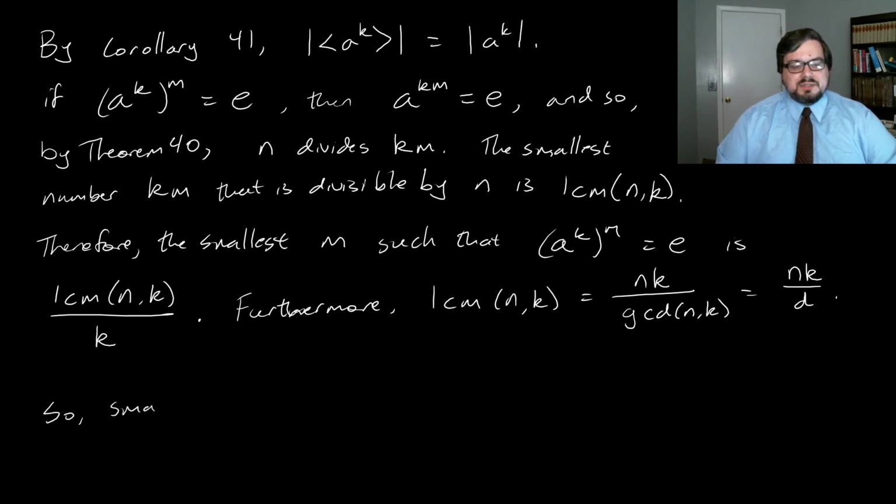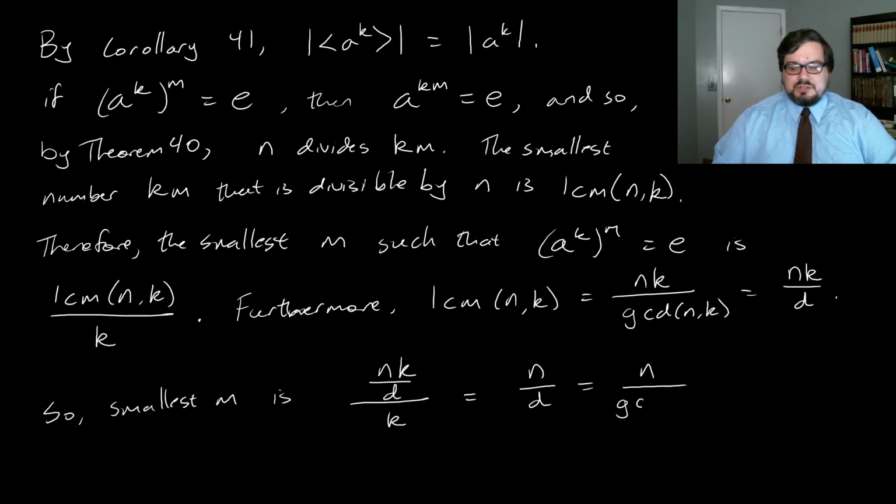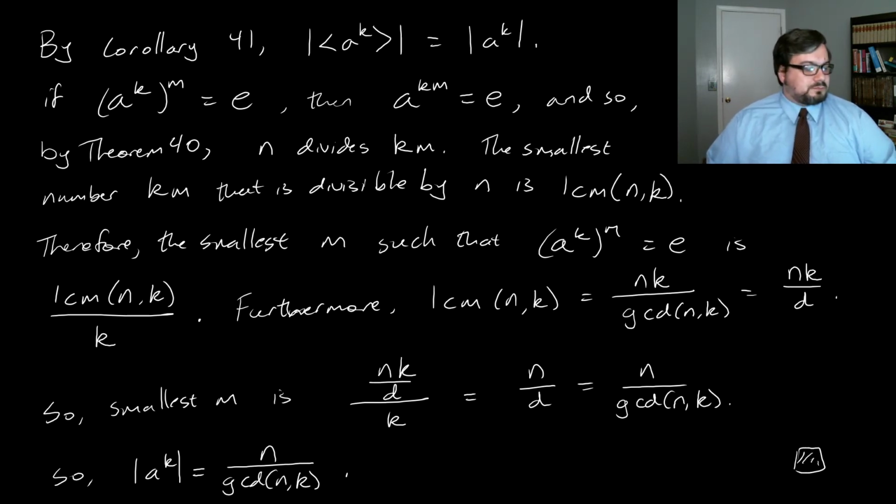So the smallest m, such that a to the k to the m is the identity, is nk over d divided by k, which is equal to n divided by d, which of course is n over the GCD of n and k. So that means that the order of a to the k is equal to n divided by the greatest common divisor of n and k, which is what we wanted to show.